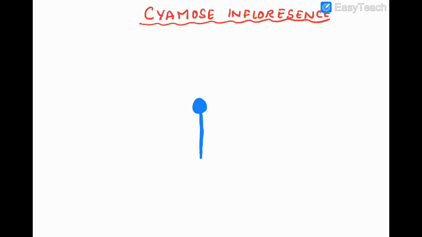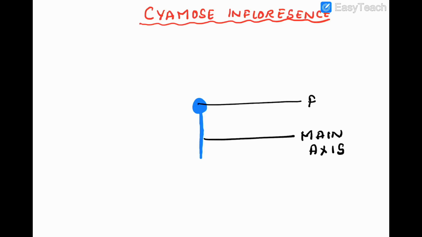This is the main axis, and it has terminated into a flower. Now, flowers would be born on the lateral branches which would be coming out from this main axis. So these are the two lateral branches which are coming out from this main axis. On these lateral branches, flowers would be born.